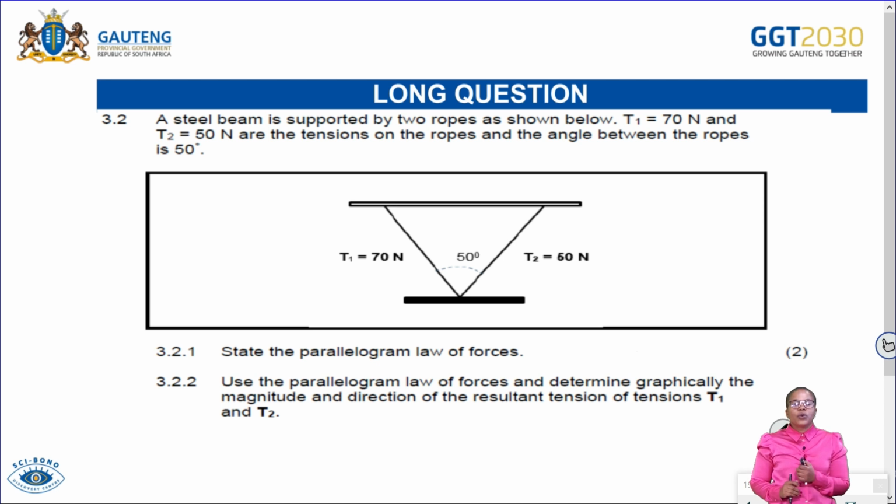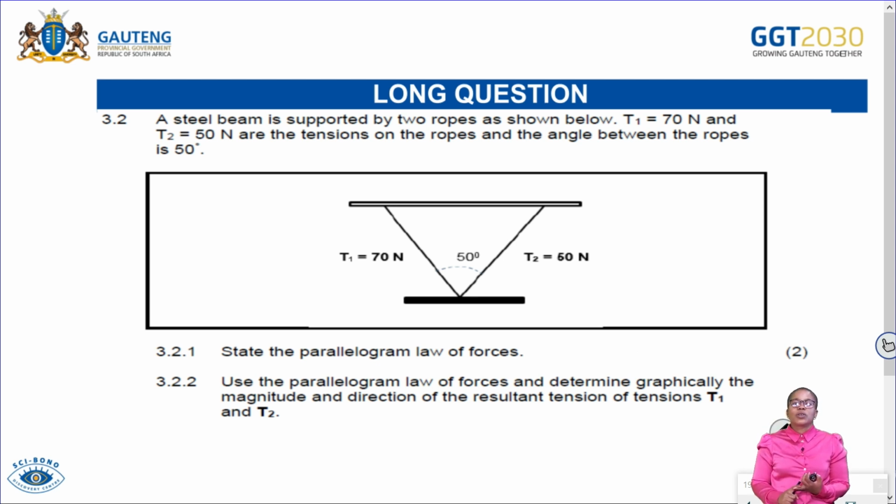3.2.2. Use the parallelogram law of forces. Now we are applying the parallelogram law of forces to determine graphically the magnitude and direction of the resultant of the tensions T1 and T2. Okay, so it is very important to use your protractor in this case so that you are able to measure the bearing correctly.